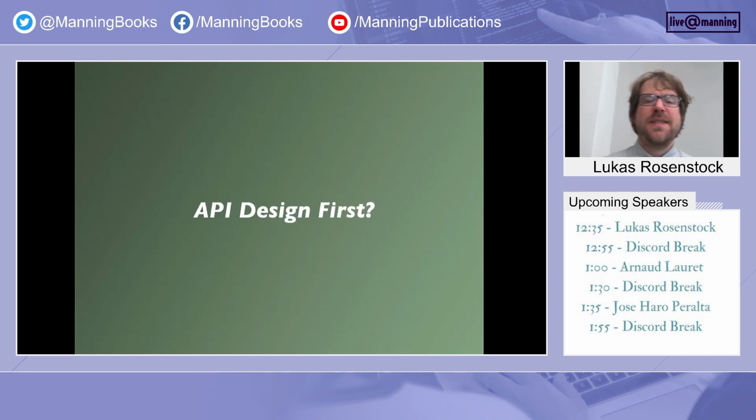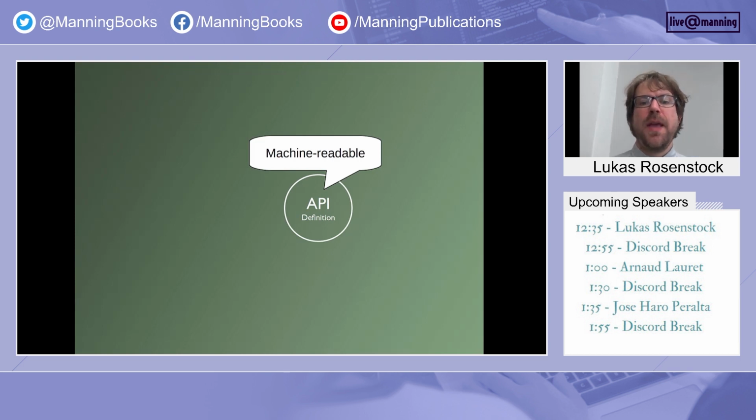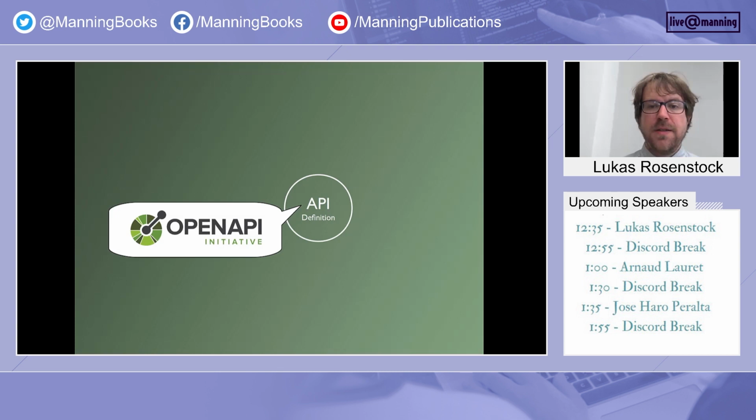So, let's get started and talk about API design first. If we have an API, we want to have an API definition that describes how this API works. And ideally, this API definition is also machine-readable. And the standard for machine-readable API definitions is OpenAPI.